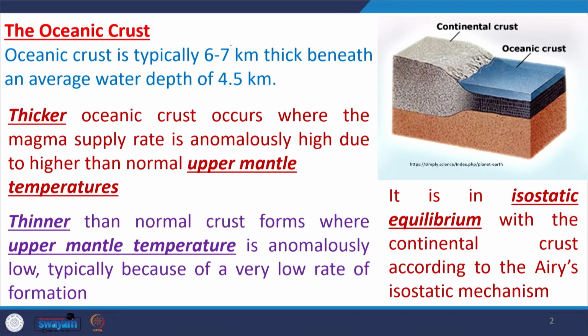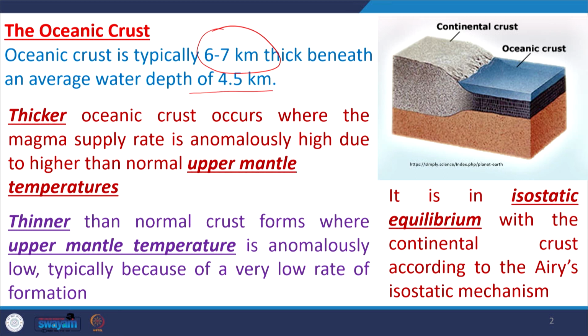That is why understanding the oceanic crust, its behavior, its nature and its response to tectonics is very important. So, the oceanic crust is typically 6 to 7 kilometer thick and it lies under an average ocean water depth of about 4.5 kilometer.